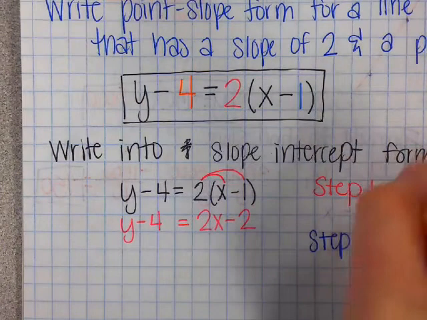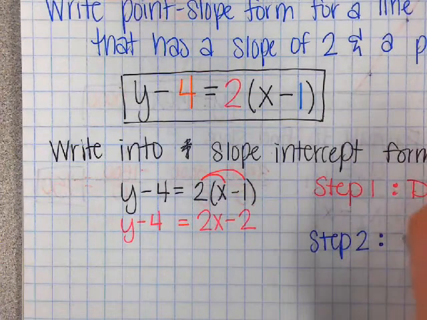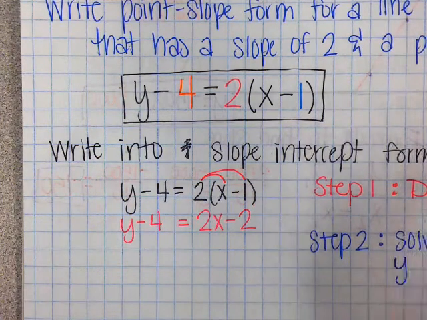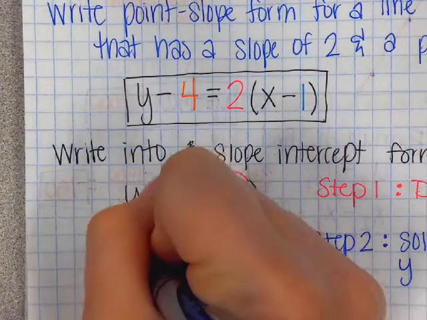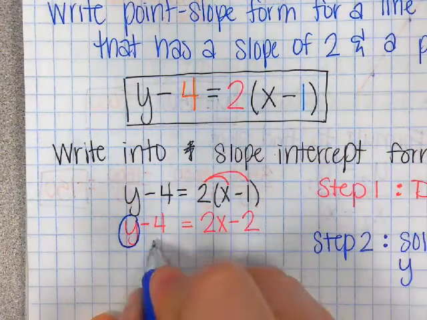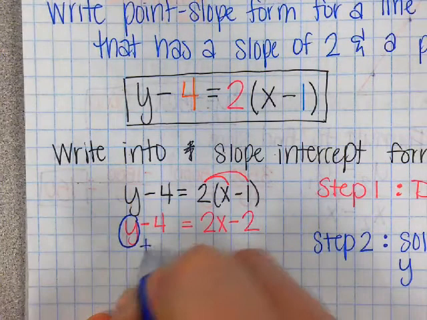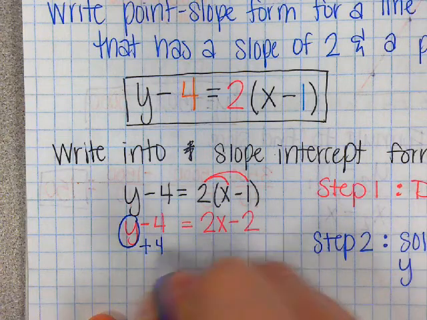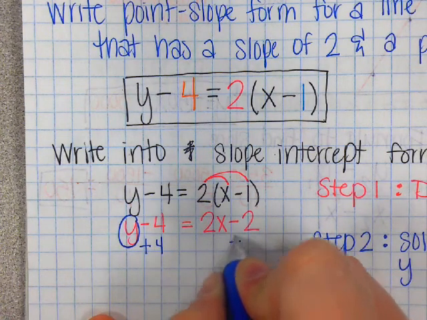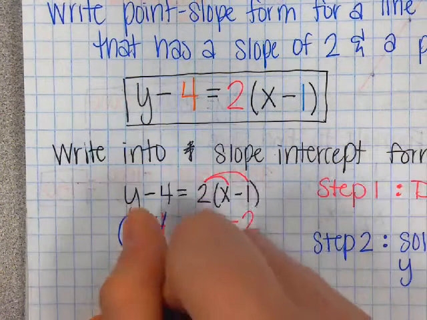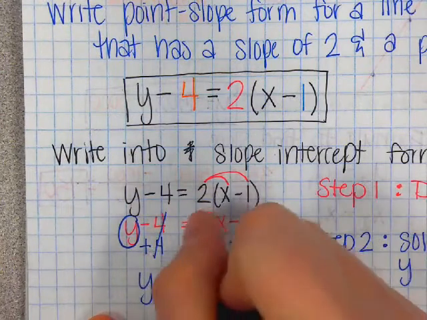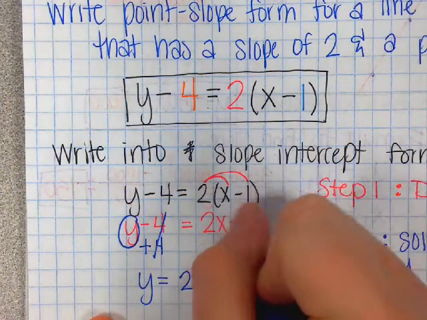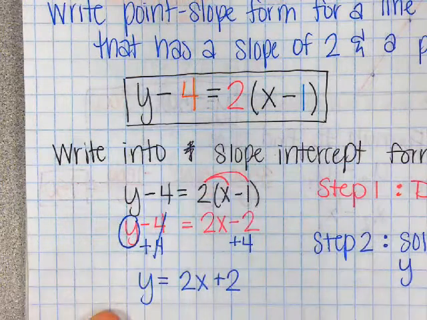Then the next step is solve for y. If I'm solving for y, what's the opposite of subtract 4? Add 4. Now I can't add it to the 2x because the 4 doesn't have an x, so I'm going to add it to the negative 2. Should be y equals 2x. Negative 2 plus 4 is just 2.